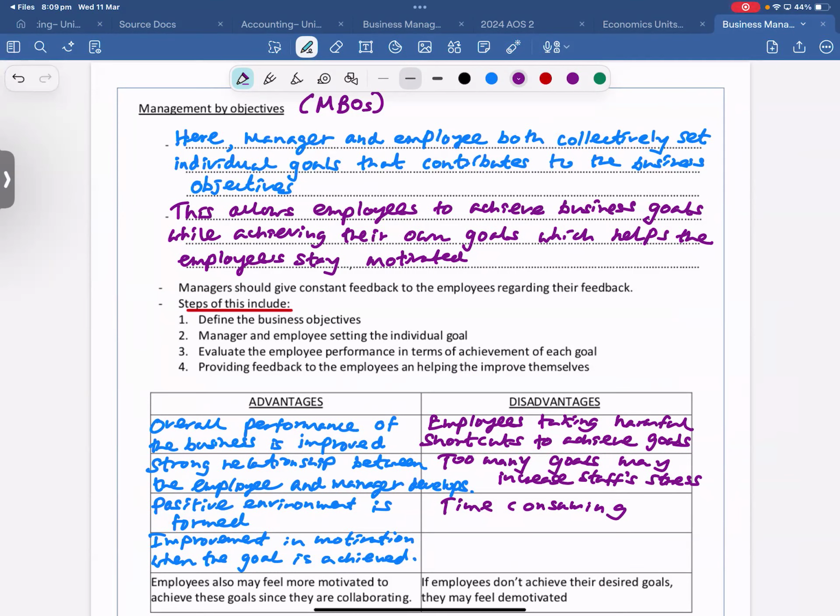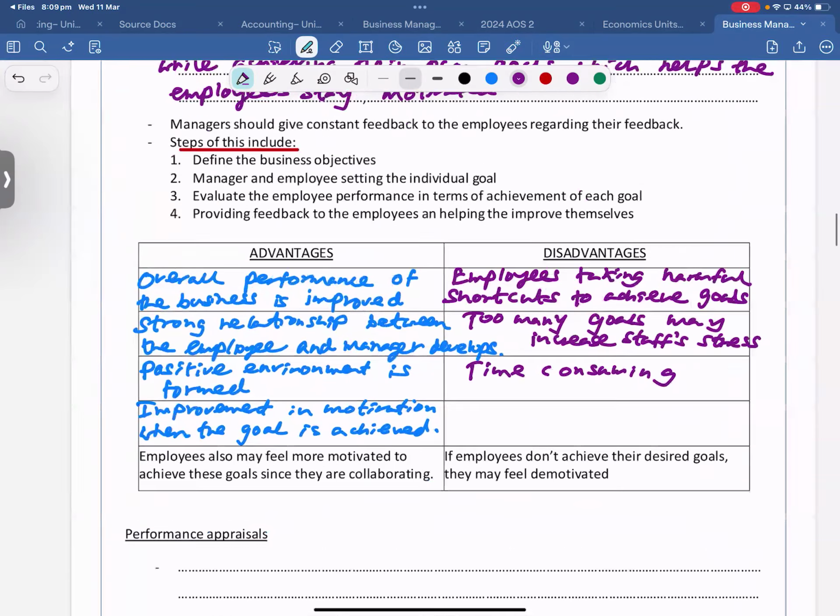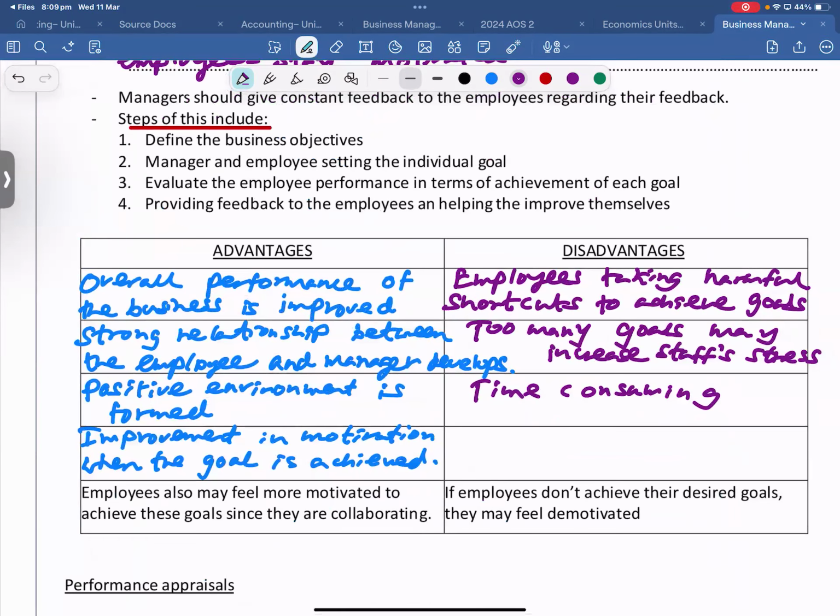What are the advantages? Of course, the business's overall performance is achieved, there is a strong relationship between employees and managers, and a positive environment for working. Motivation is improved when the goal is achieved, and of course the employee is paid.